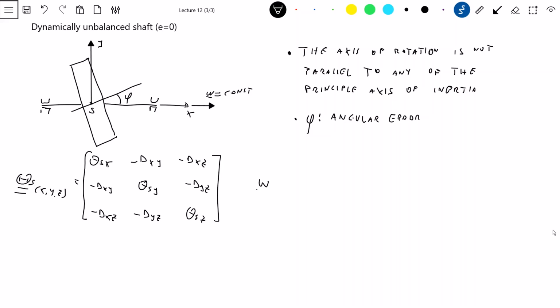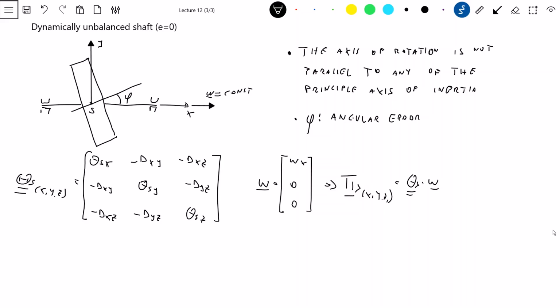And we have that omega is equal to omega x, 0, 0. This means that pi s in the x, y, z reference frame is equal to theta s times omega.